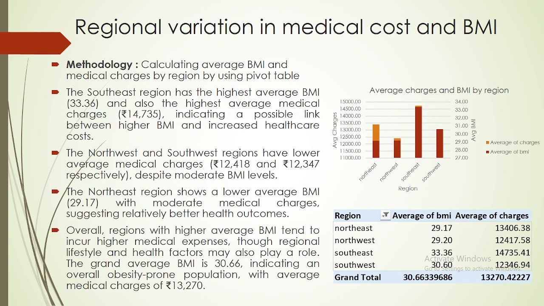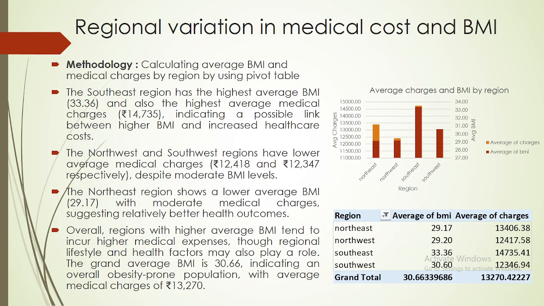We also analyzed the regional variation in the medical cost and the BMI by using a pivot table. For the visualization I have plotted a column bar graph. By simply looking at the column bar graph we could say the yellow color represents the average charges, and the maroon color represents the average BMI.